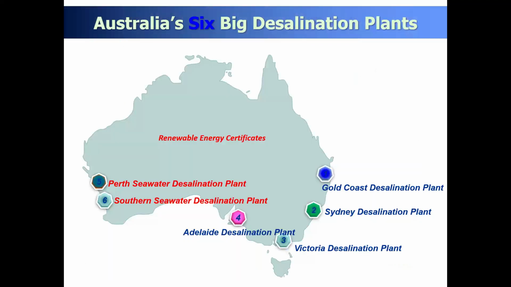So you will get all the details soon. So these are the 6 desalination plants, which are very, very big scale. But there are more than 1,000 desalination plants in Australia, small scale. We have wastewater reuse. It's like desalination, reverse osmosis, 1,000 cubic meters per day produced every day.